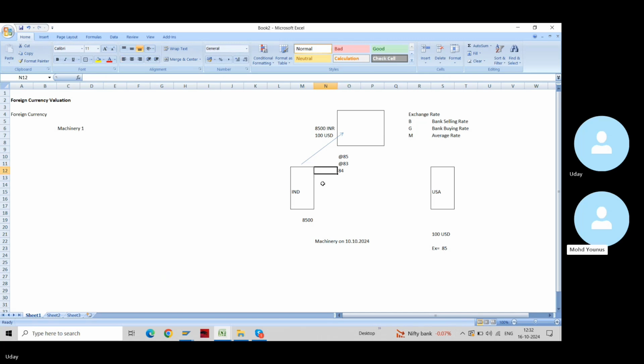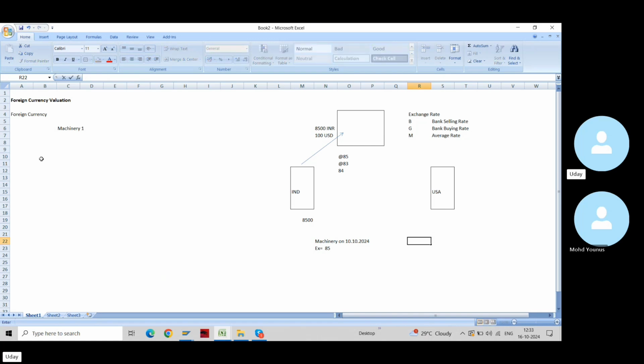So for example, as I said, machinery I purchased on 10th October 2024. On 10th October 2024, let's assume the exchange rate is 85. Let's assume the exchange rate or selling rate. Mostly, I'll specifically mention it if I want to mention the rate specifically. For example, if the exchange rate is 85 as the selling rate only, what will be my entry for an invoice?